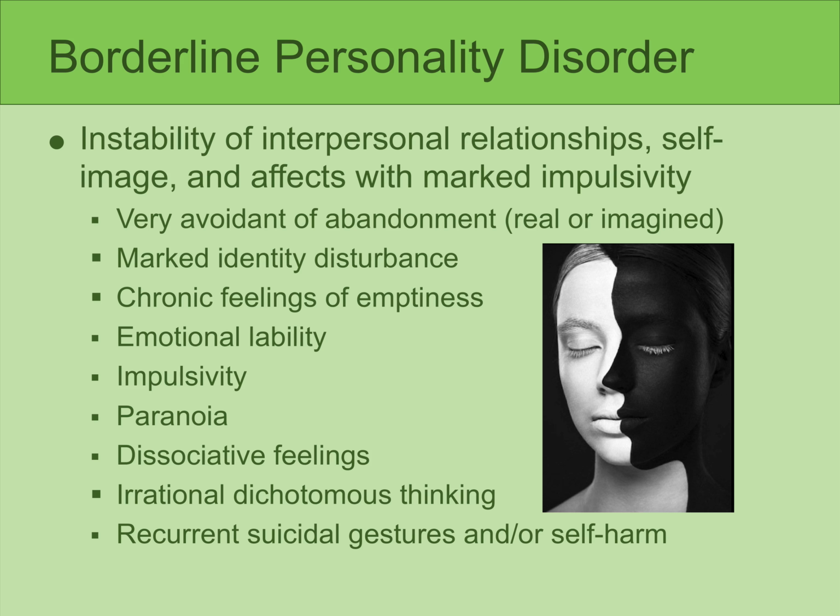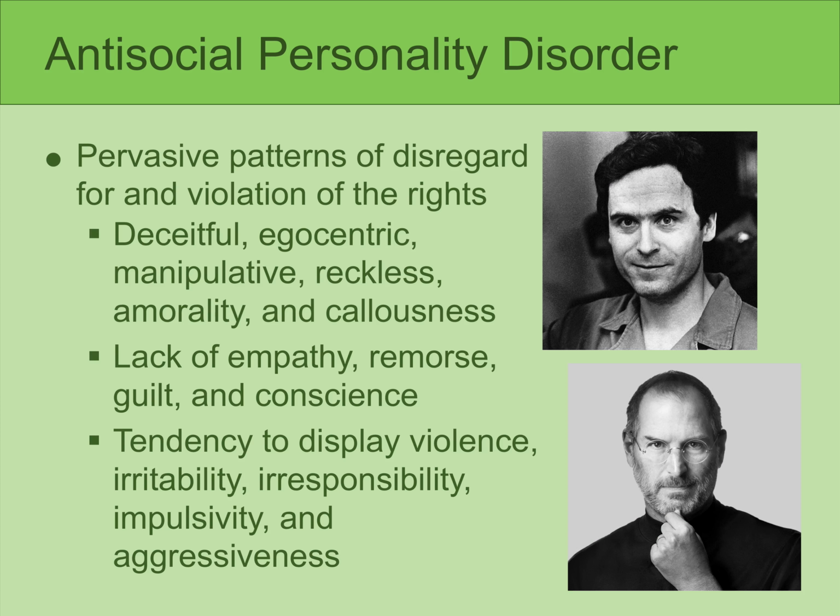The other personality disorder that falls within cluster B is antisocial personality disorder. Antisocial personality disorder is characterized by a pervasive pattern of disregard for and violation of the rights of others.